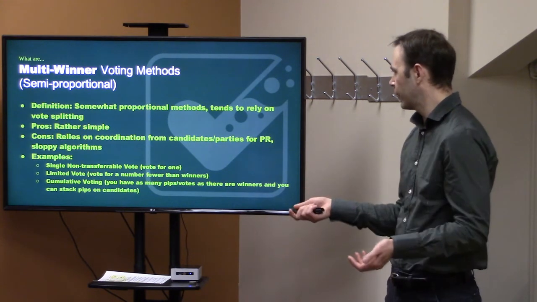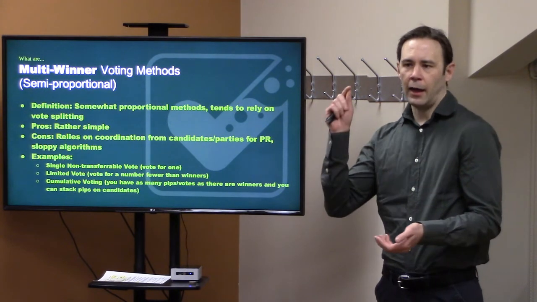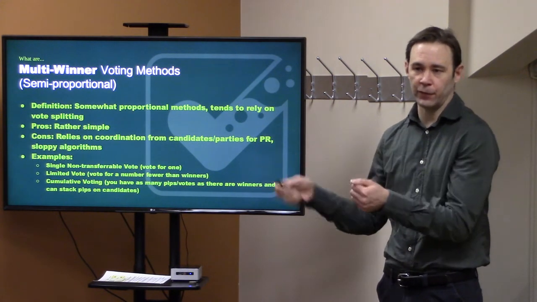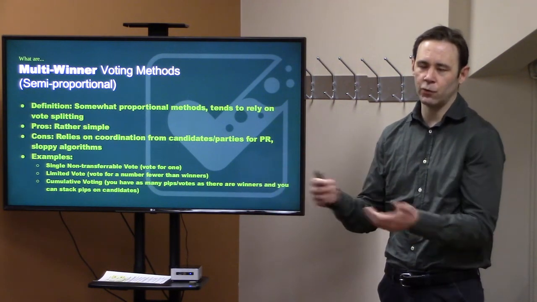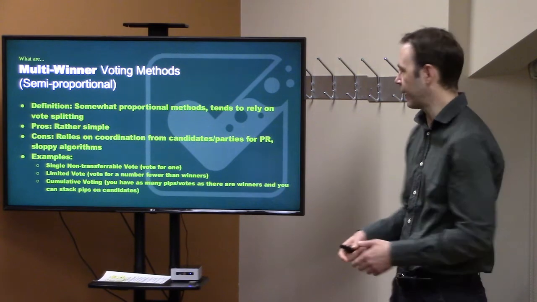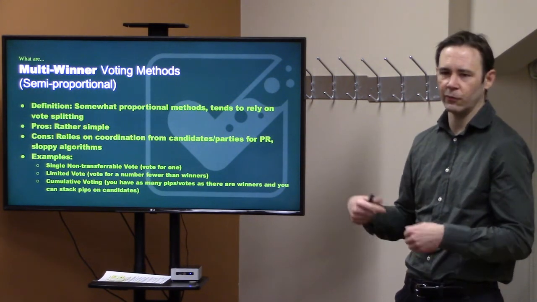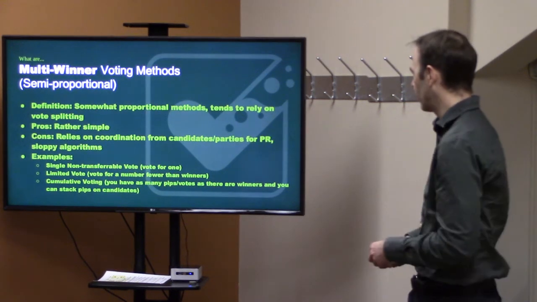There's limited vote, which is when you are allowed to choose fewer candidates than there are seats to be filled. Like say there are 5 seats to be filled, they would say something like choose 3 or fewer. Then there's cumulative voting, when you can stack your votes. And we'll look at examples of these in a moment.